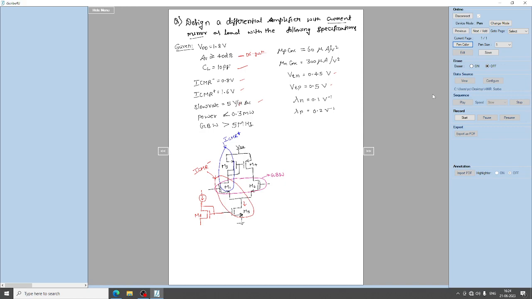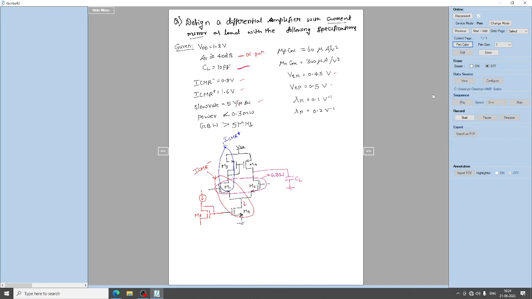This is the procedure we are going to follow for today's discussion. The load capacitance given is connected to the output node, which is an input capacitance if it is cascaded, and it also includes the parasitic capacitance value.